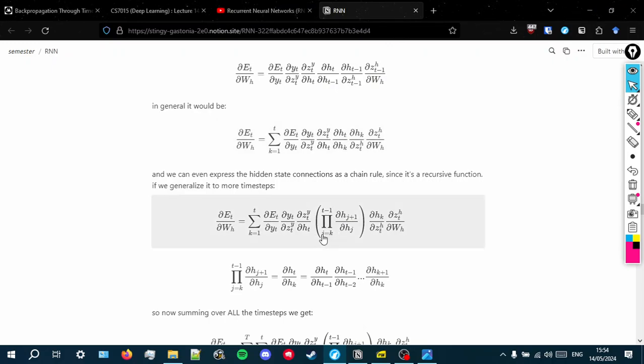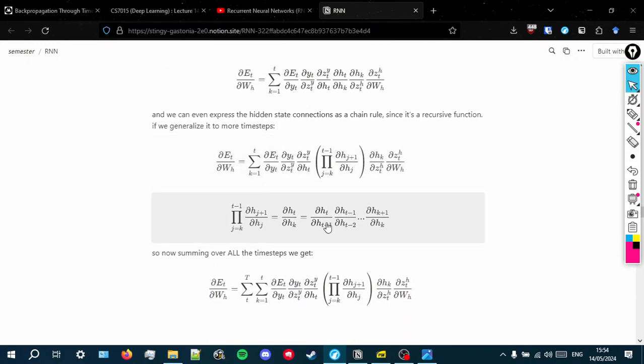Starting from k, whatever k we're at, all the way to t minus 1, we're going to do h of j plus 1 over h of j, and it will work out to be exactly the same. We can see how this turns into a product of h of t over h of t minus 1, h of t minus 1 over h of t minus 2, and so on until we reach k, whatever k we're at right now. And this was all for just one single time step.